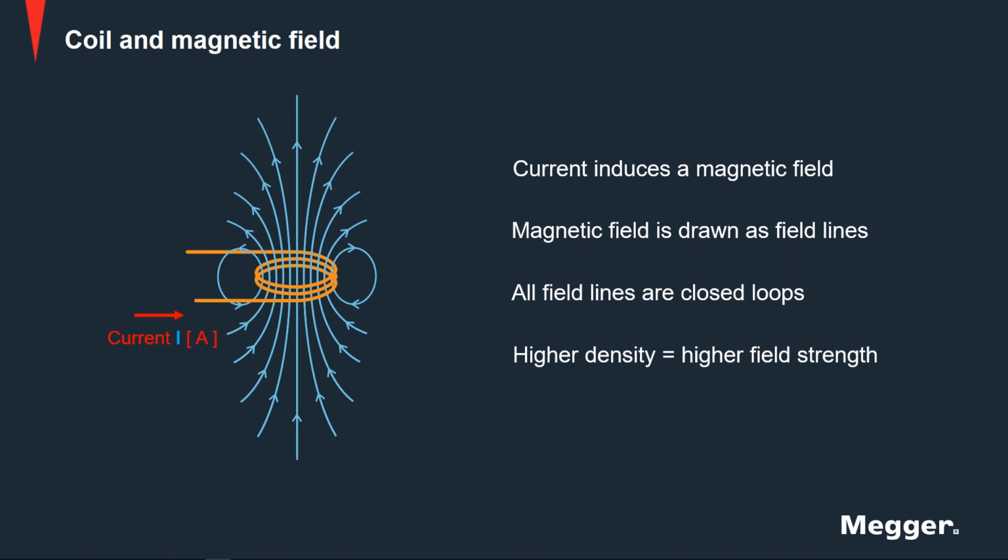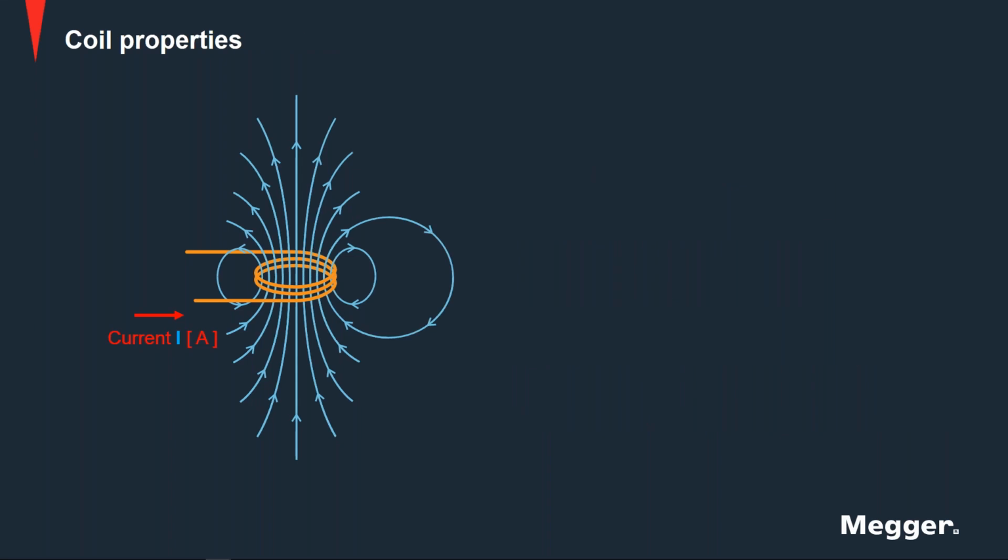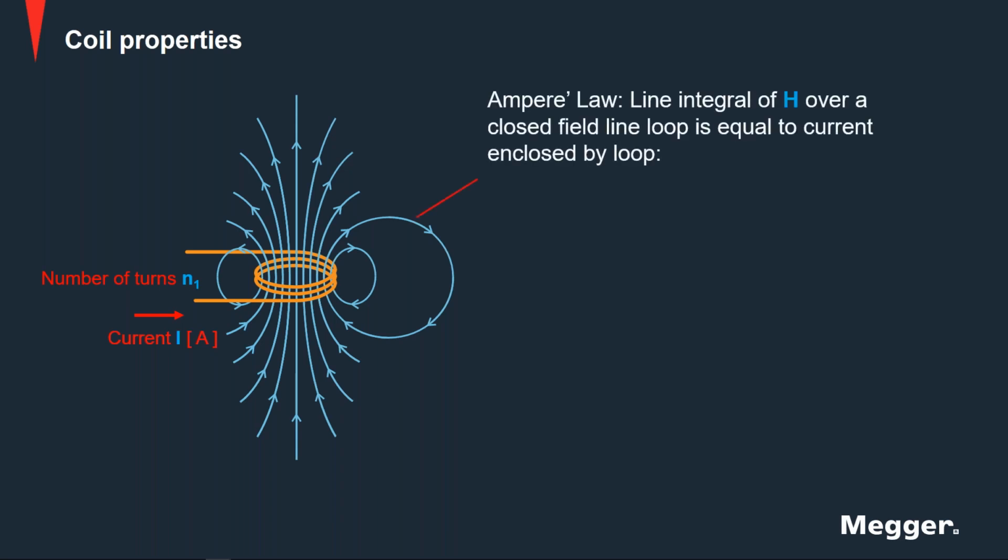The higher the density of your magnetic field lines, the higher field strength you will have. And the magnetic field strength is denoted as H, or amps per meter. So, a few properties of the coil. The number of turns will influence the magnetic field that you will generate.